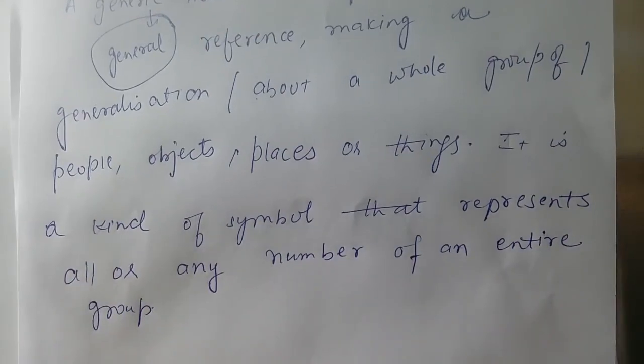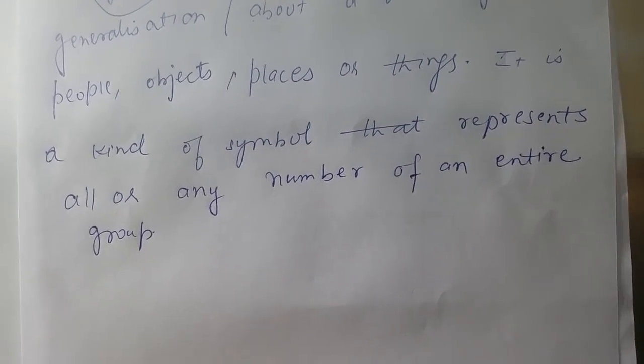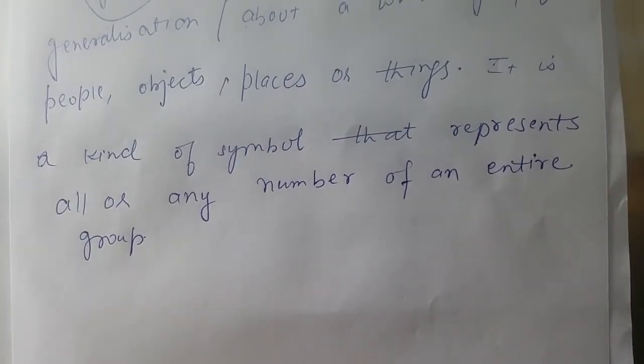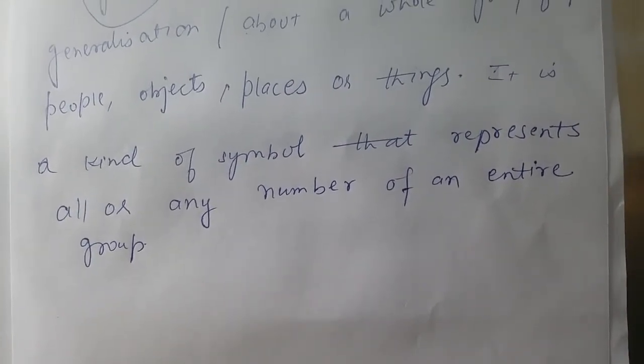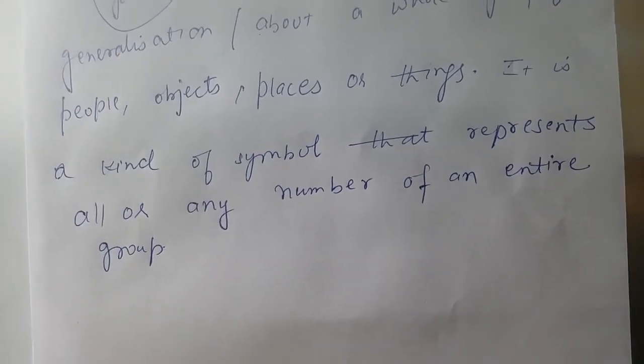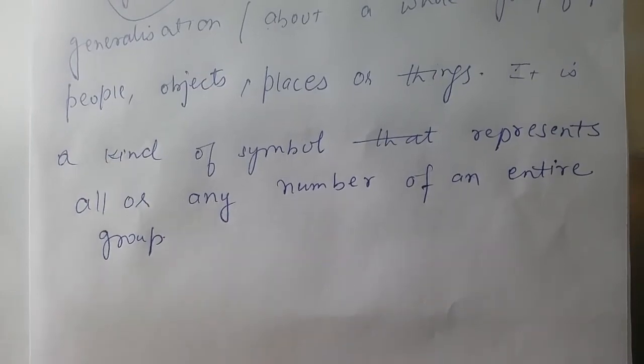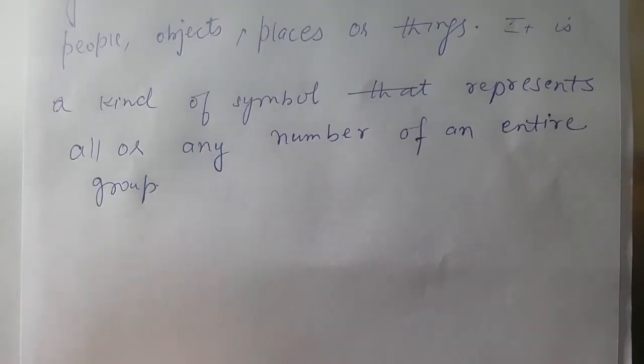Very long definition, but try to understand where we have to use and where we do not have to use articles, right? That's the main thing here. That's very much necessary. I'll give you an example later on.